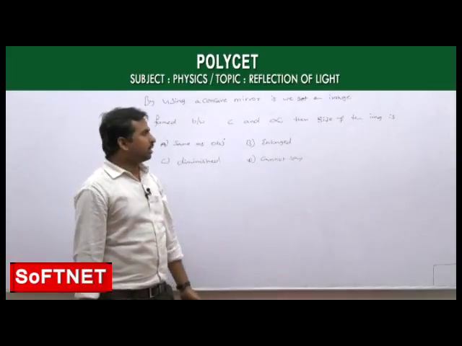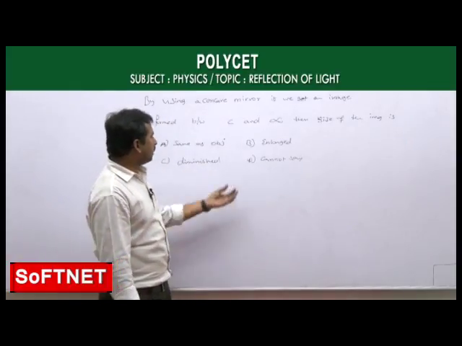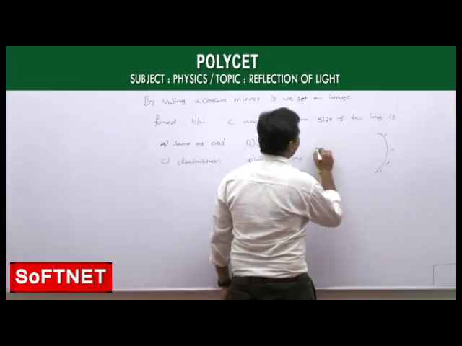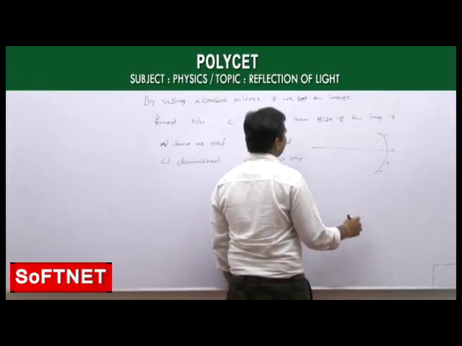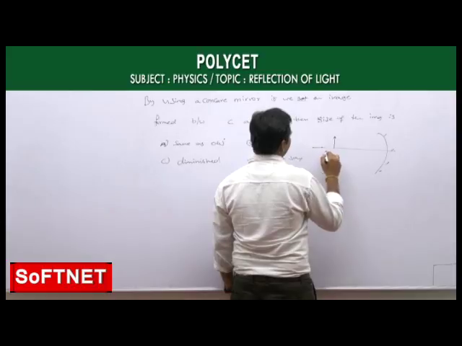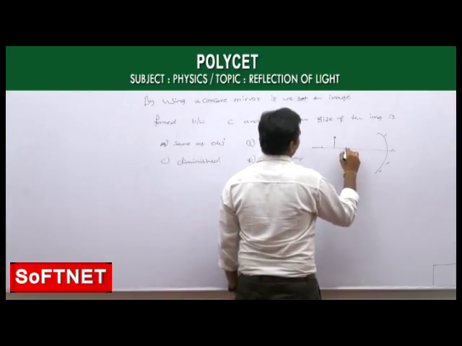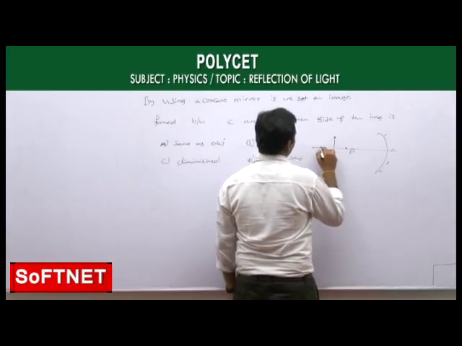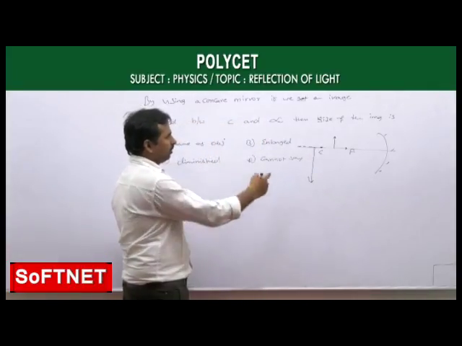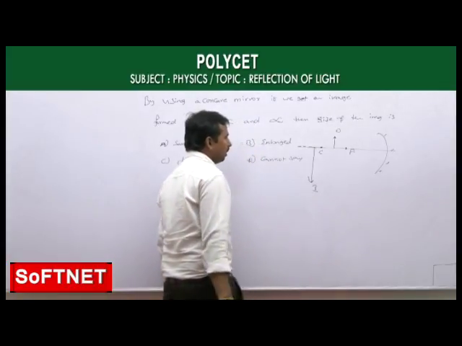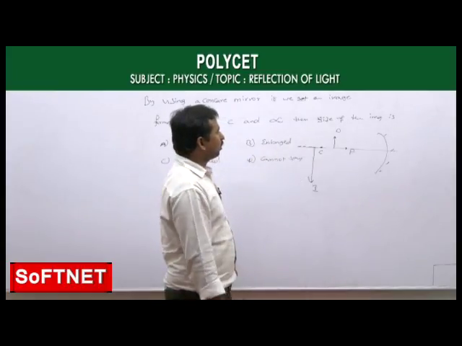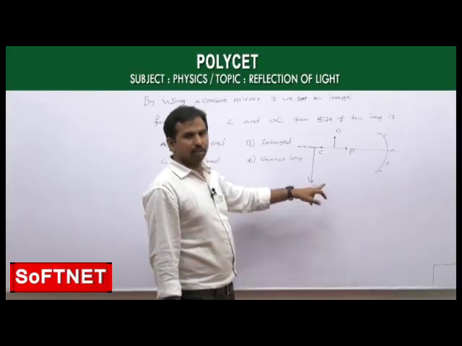If you go through the image characteristics formed by a concave mirror, for the image formed between C and infinity, the object is placed between C and F. Like this, if this is the object and this is the image, and that image is between C and infinity, it means the image formed is enlarged.